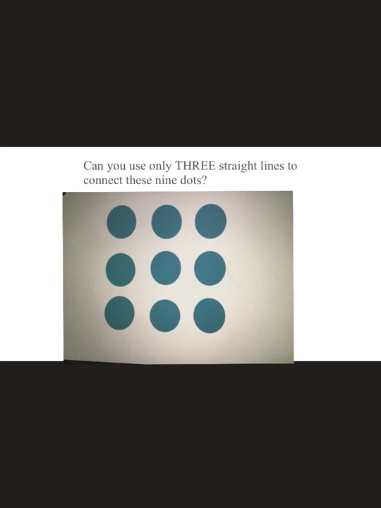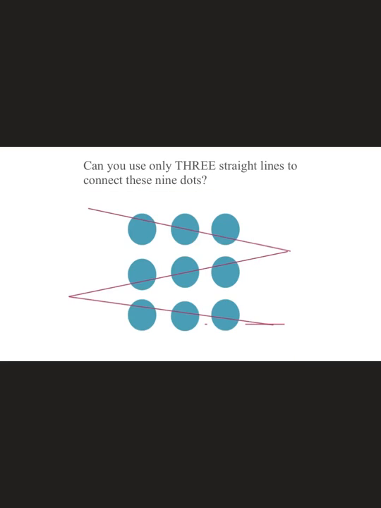You've been primed, so this one is probably going to be a little easier for you to figure out. You're like, oh, I don't have to stay within the lines. Let's try this. I'm going to get through 3. Now, this is tricky because we're not directly going through them. We're just going through part of them. We're not going straight through the middle. Well, that was a terrible line, Miss Ellis.